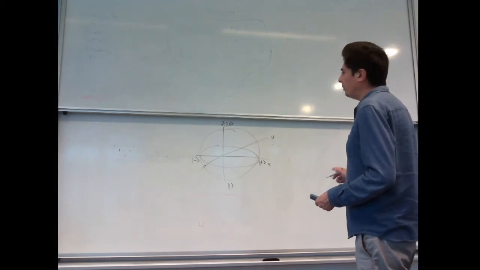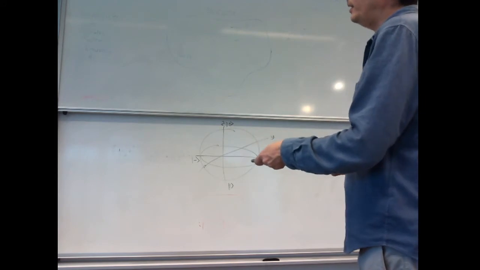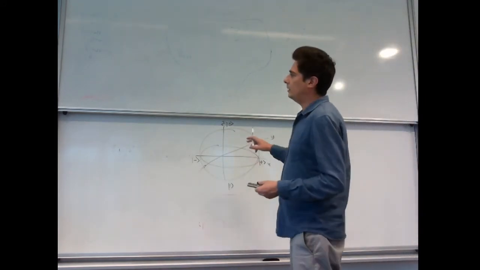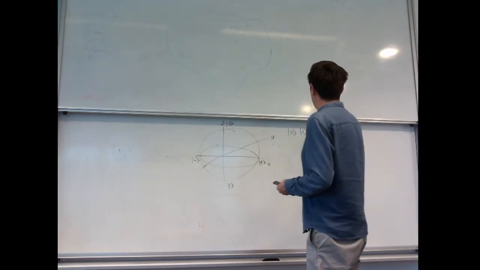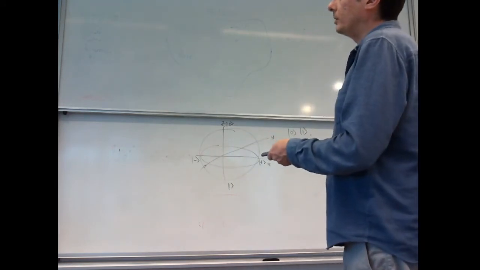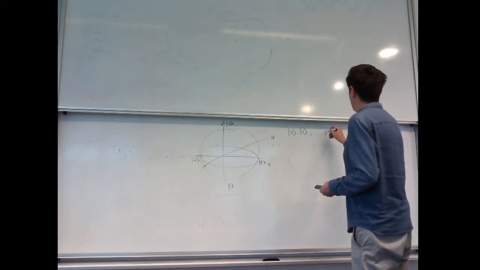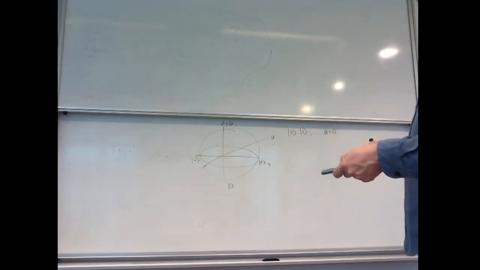The angle that I'm talking about here, I've defined the state theta. The 0, 1 basis corresponds to theta equals 0, because then this theta state is just the same as the 0 state.